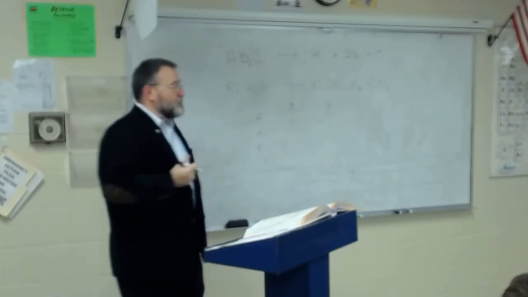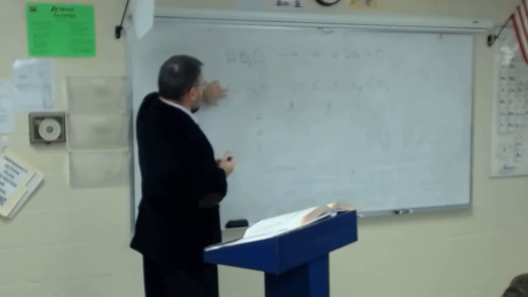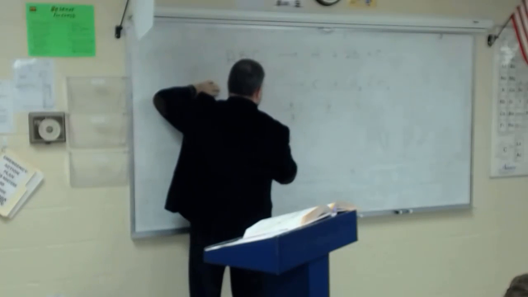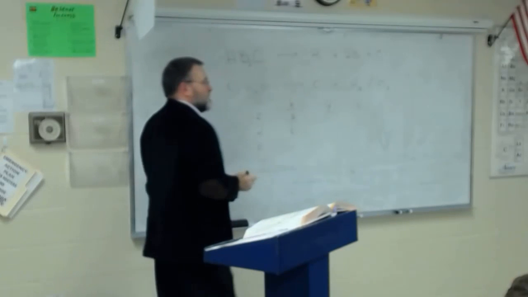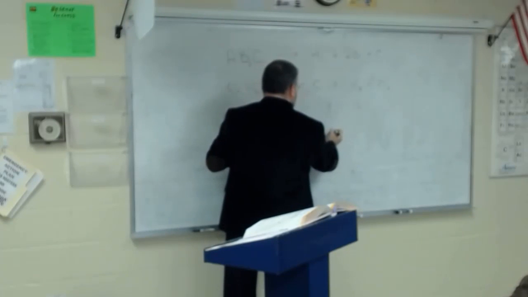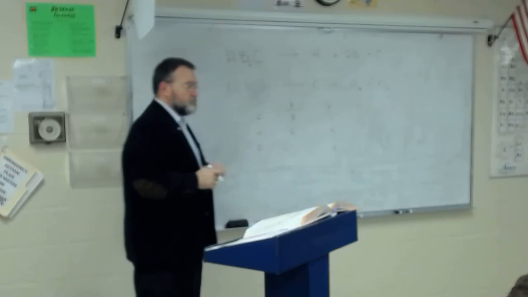Go through and do an element count. How many carbons do you see in the original, on the reactant side? 2 carbons, 6 hydrogens, and 1 oxygen. On the product side, how many carbons? 1, hydrogens, 2, and oxygens, 2.